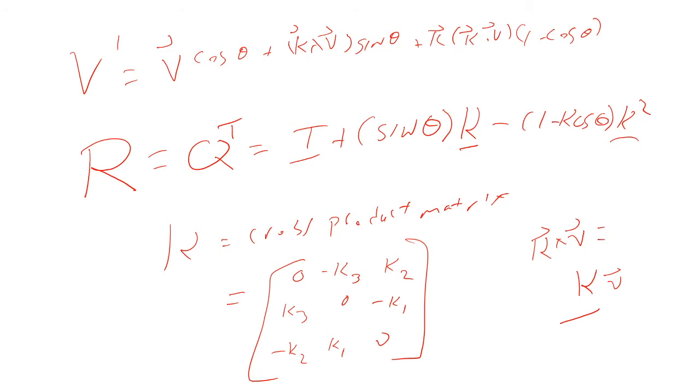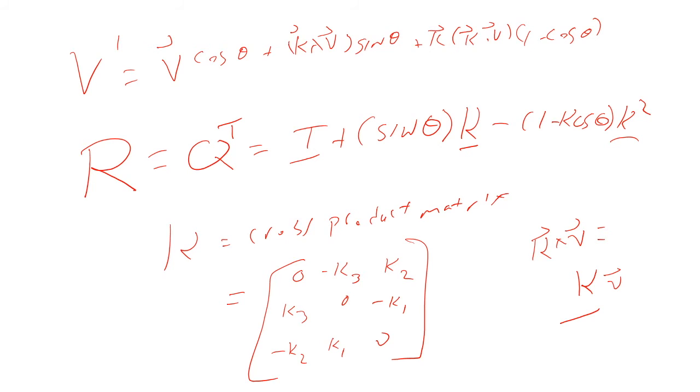So this matrix encodes the cross product. That will give you a rotation matrix for the axes, but we're interested in coordinate transformation, so we have to take the transpose of it.